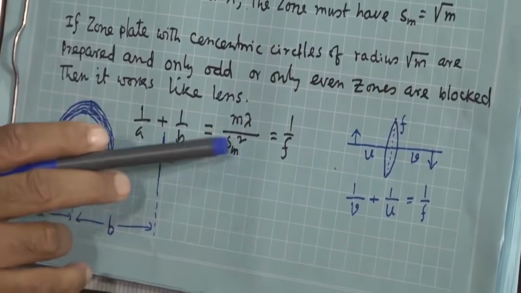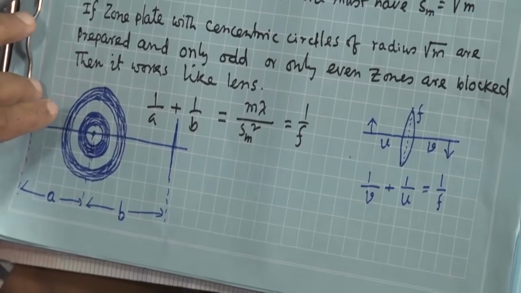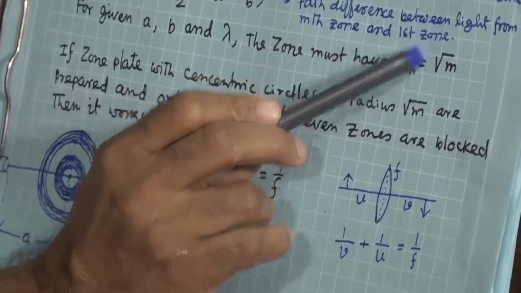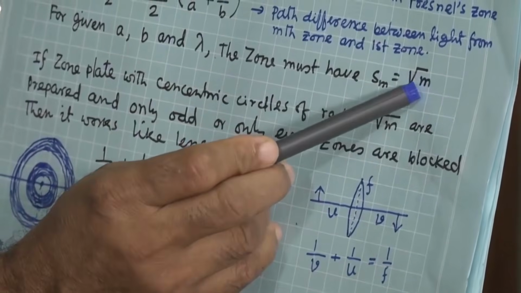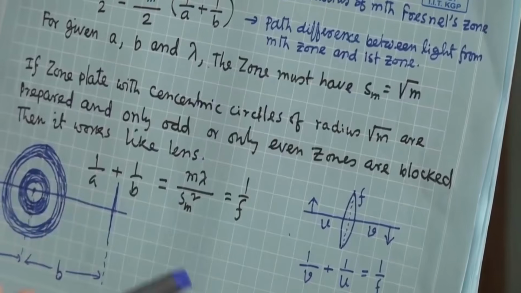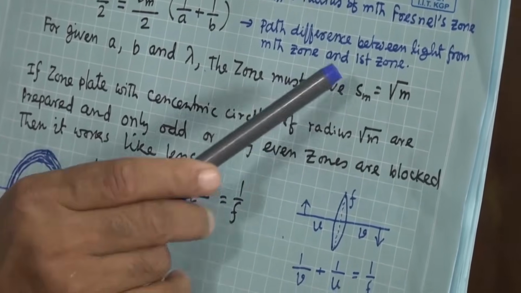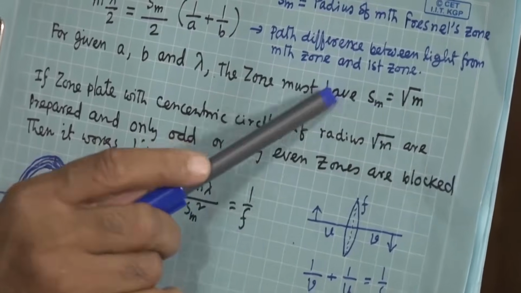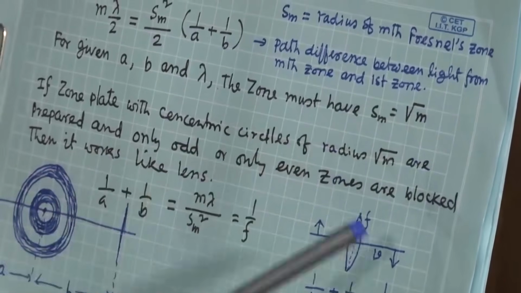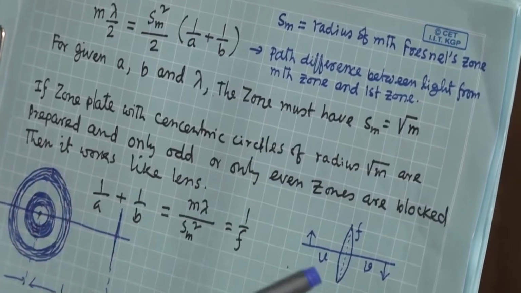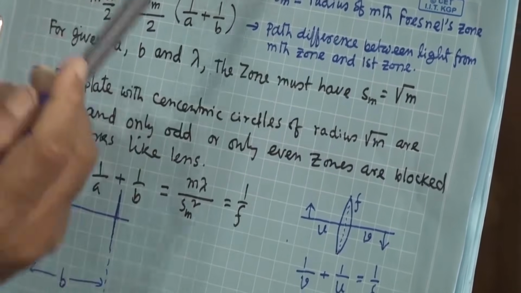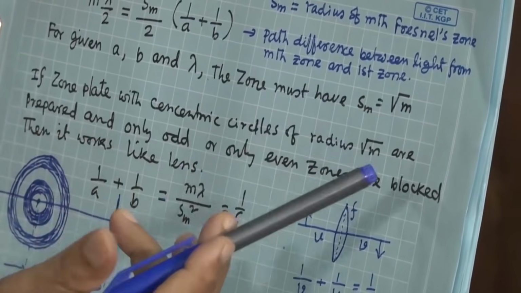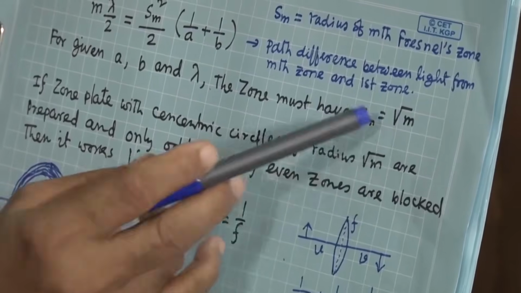I will discuss this relation. Sm is proportional to the square root of m, where m is an integer value 1, 2, 3, 4. So, S1 is 1, S2 is the square root of 2, which is 1.414, then S3 is the square root of 3, which is 1.732.